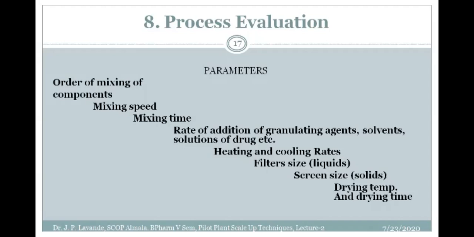Heating and cooling rate: what should be the temperature, what should be the rate, and when it should be increased, when it should be reduced. If it is cooling temperature, that should be clearly specified, how much it is, 2 degree, 4 degree, 6 degree, 8 degree, like that.